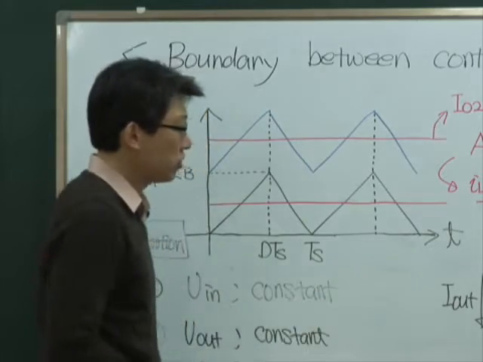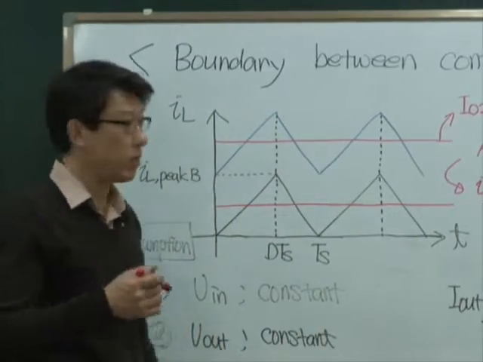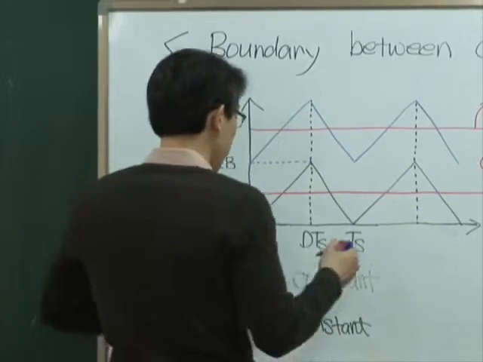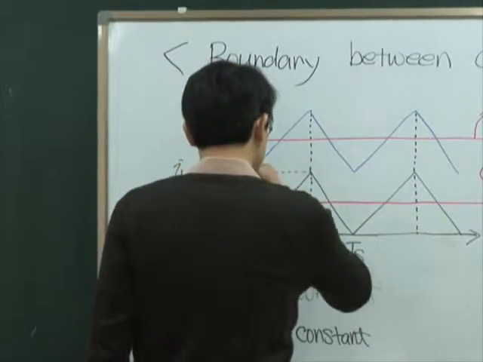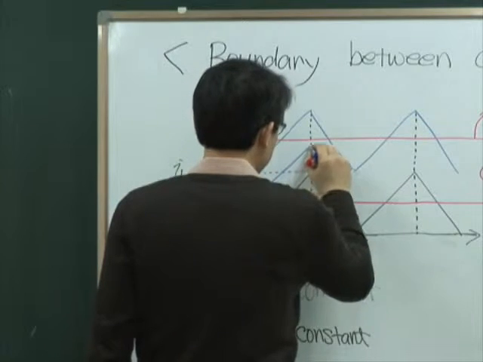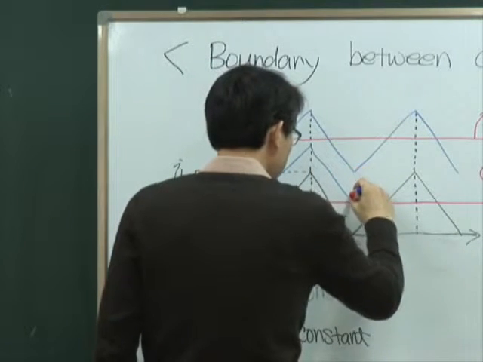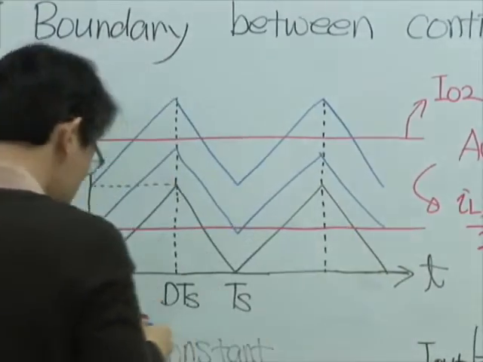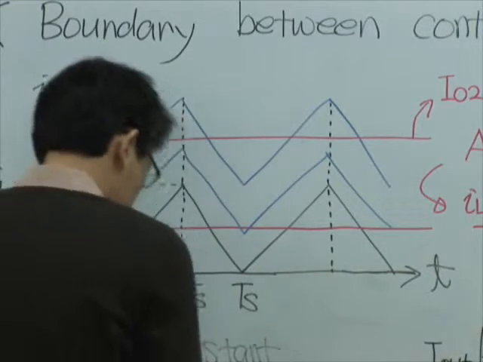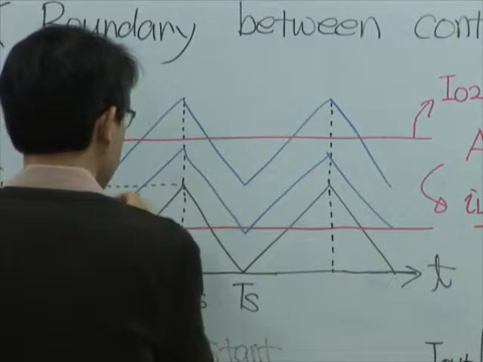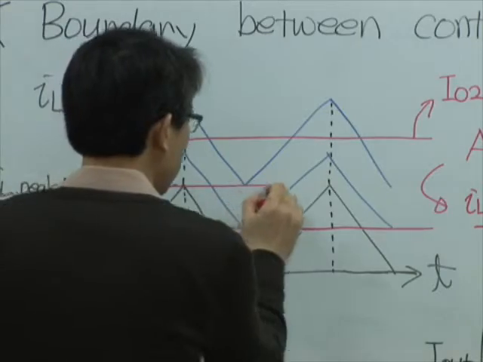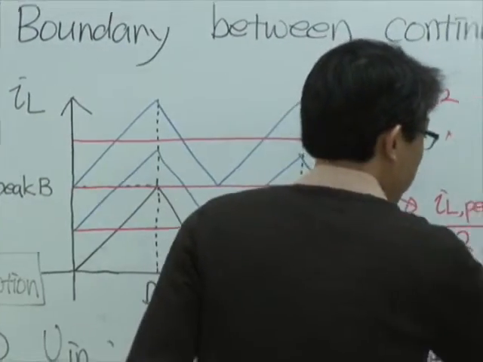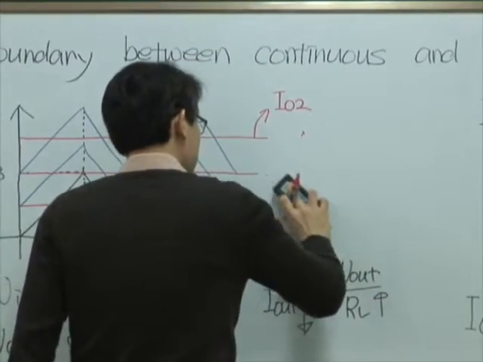Now, as we slowly charge the battery, the load current decreases, so it becomes like this. Oh, my drawing becomes complicated.